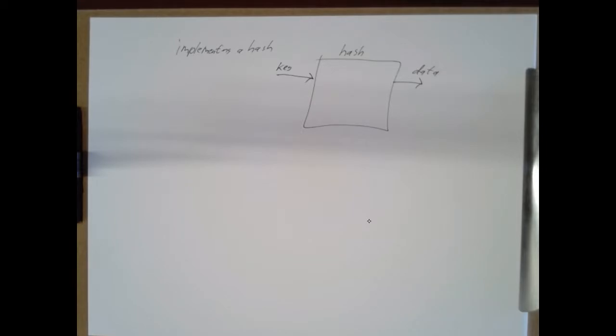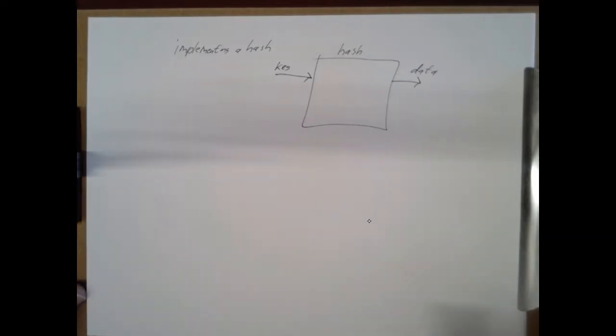So that's how we visualize this thing. You just put a key into this thing, turn the crank, and out pops the data associated with that. Or, you know, something saying there's no data in there to match it. And if you want to store something, you somehow put in a key and a piece of data and say store it. And if you want to delete something, you put in a key and you say delete it. But you use the hash. This is really what we're picturing. It's a box, put in a key, get out a piece of data.